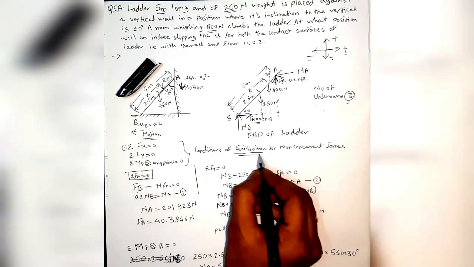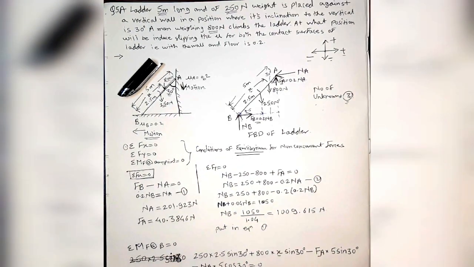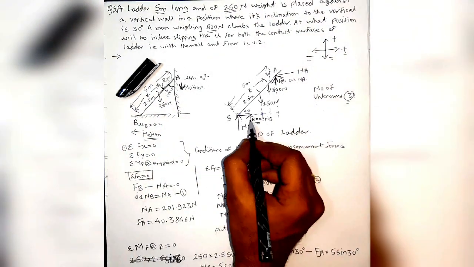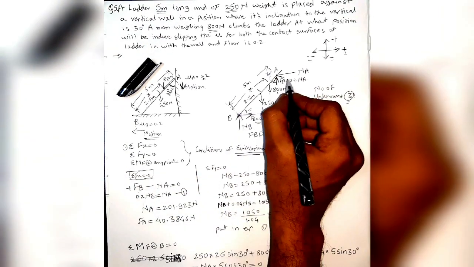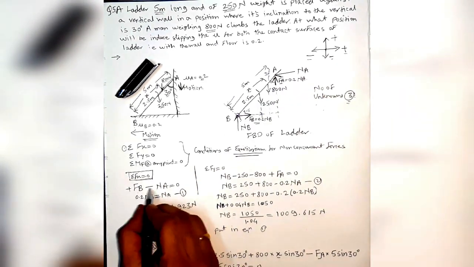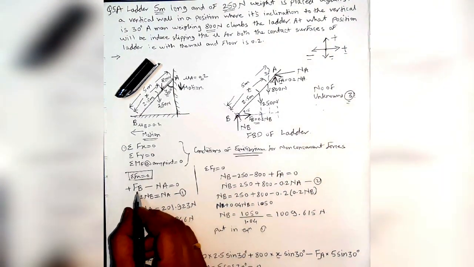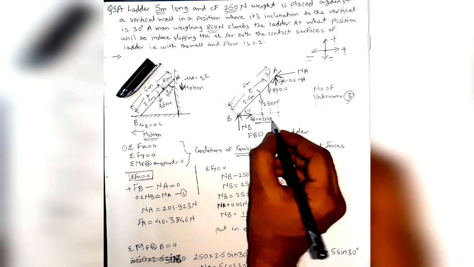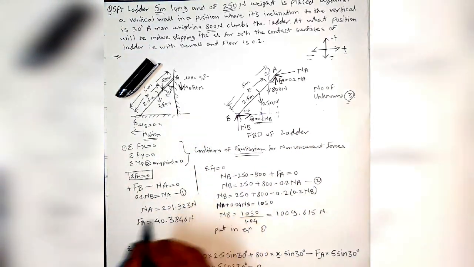That simply means whatever forces are in x direction will balance each other. Here FB rightward, therefore positive, then NA leftward, therefore negative, so FB minus NA is equal to 0. For FB we can write 0.2 times NB, so 0.2 times NB is equal to NA. We can name it as equation number 1.